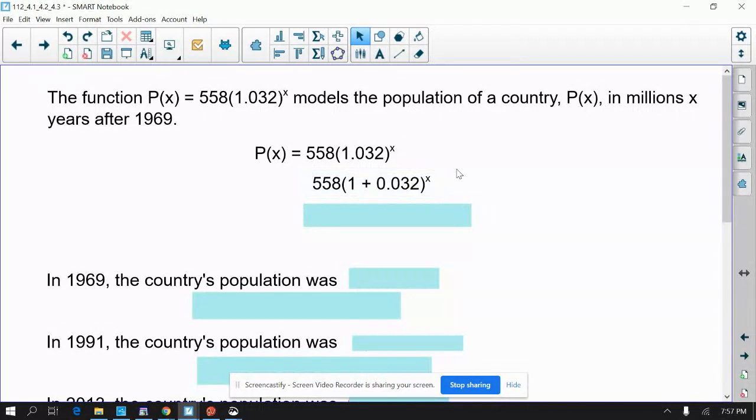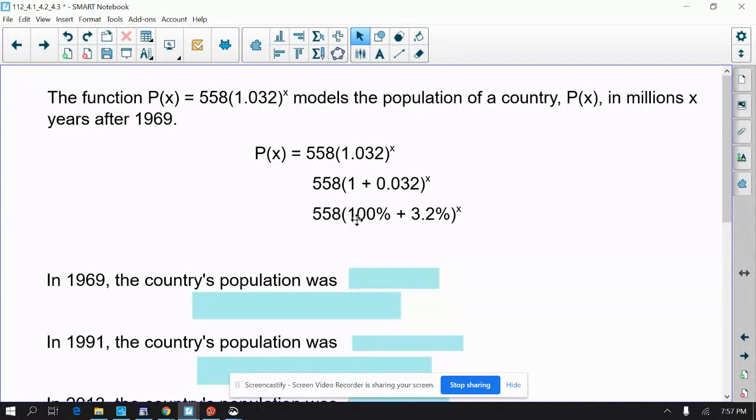Looking at the base, I can think of it as 1 plus 0.032, which in percentages is 100% plus 3.2%. So what this means is, x is time in years. Year after year after year, the 558 million people are staying.